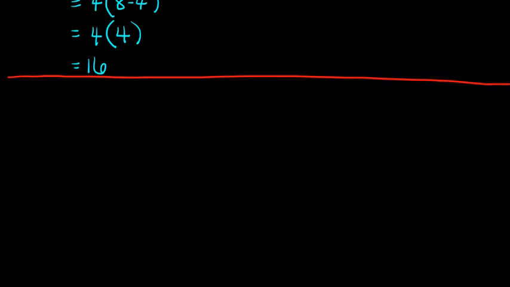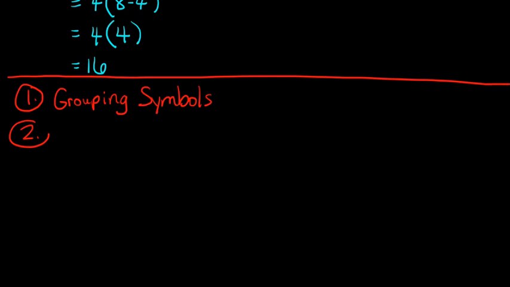What we want to do first is what's in the grouping symbols. Second, we can then multiply and divide from left to right, just like you would when you read.